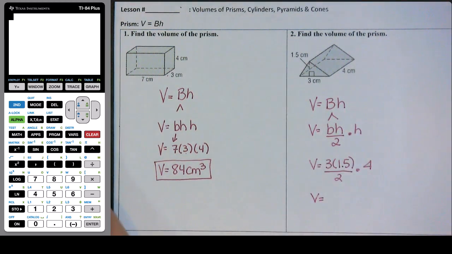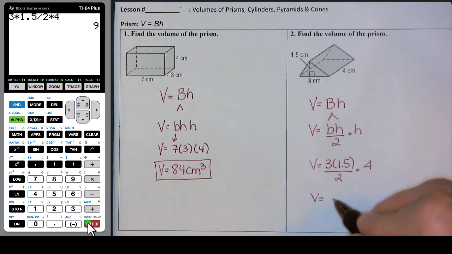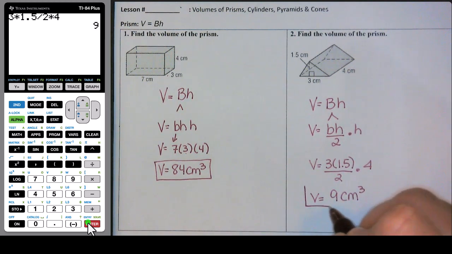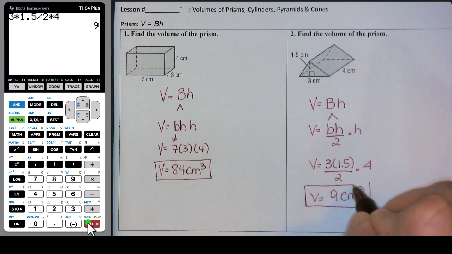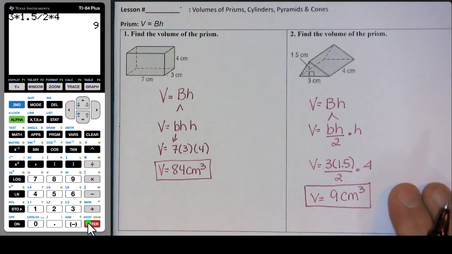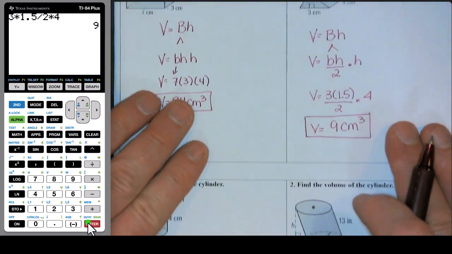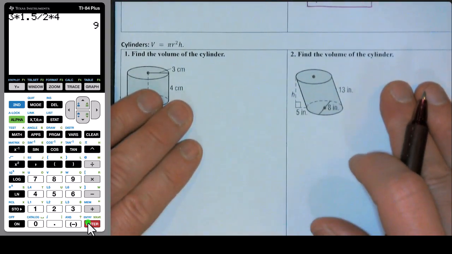So if we put that in a calculator, 3 times 1.5 divided by 2 times 4, we get 9 centimeters cubed. And there we go. So here's two examples for the volume of a prism. Let's go on to the next set of examples.